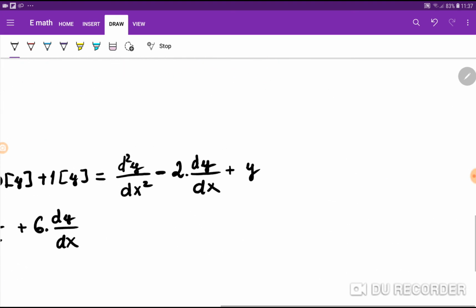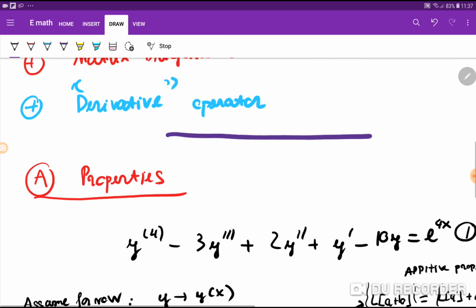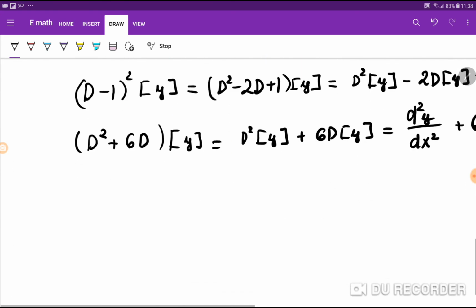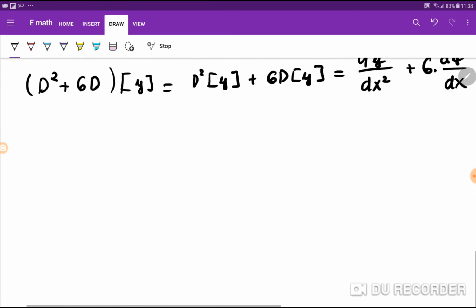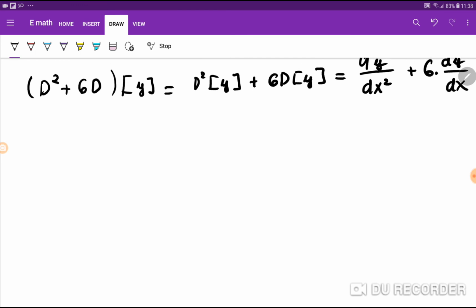Then we will explore the mathematical properties. I'm going to go to the paper and show you guys what it means.